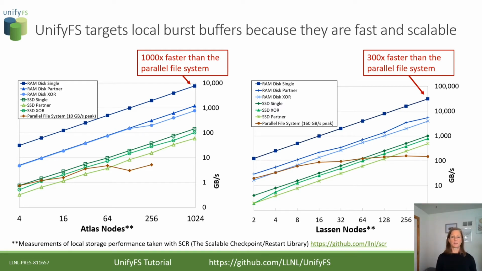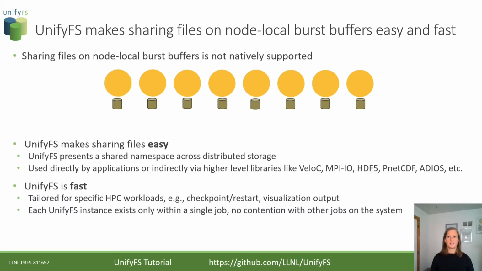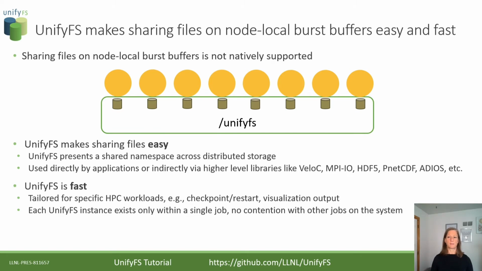And so we wanted to be able to support a wider class of applications with SCR. And so we embarked on the development of UnifyFS so we could couple it with SCR and support more applications. So in order to make using node local burst buffers easy for shared files, what we do with UnifyFS is create a shared namespace across the distributed burst buffer in a user's job and give it a name, /UnifyFS.